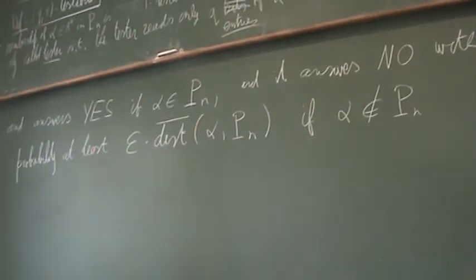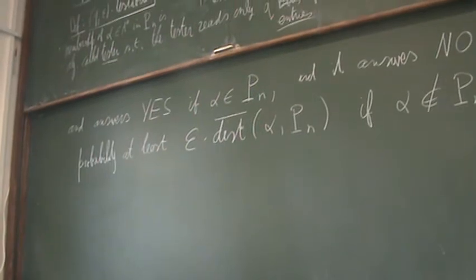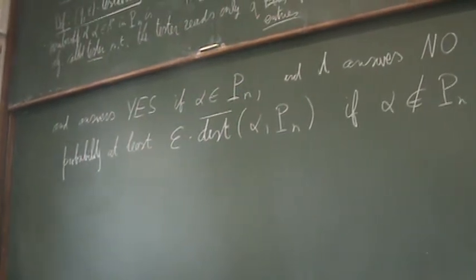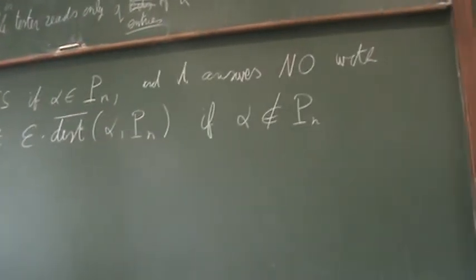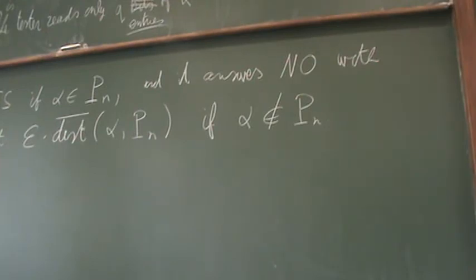Okay, let me explain. You are allowed to read only a bounded number of bits, and you do some calculation with these bits, and you answer yes. If alpha is in Pn, we don't allow any mistake.